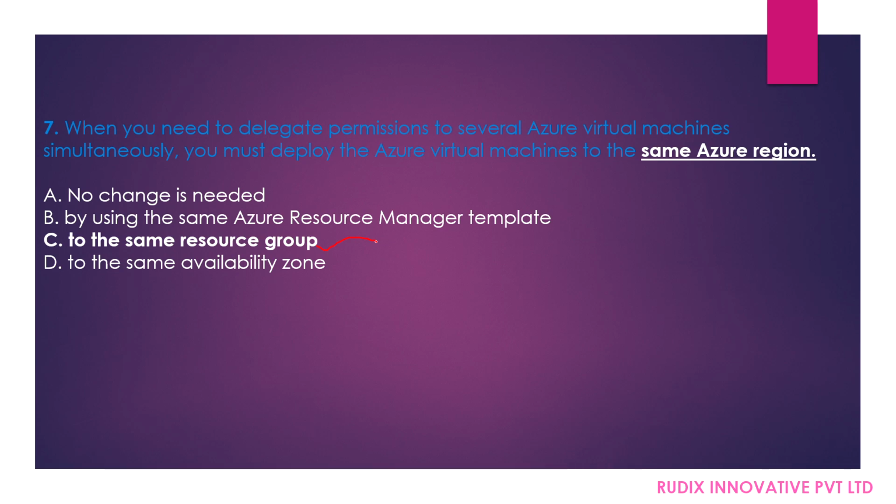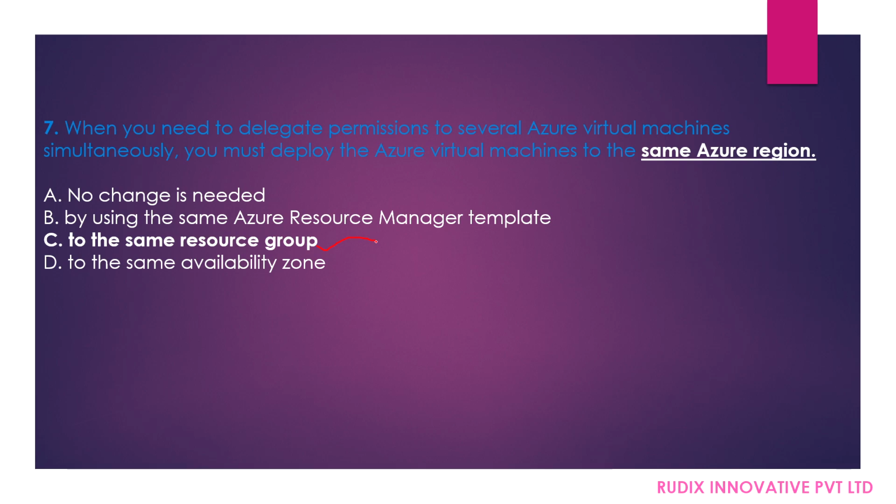Coming to options A and D, no change is needed, and option D, same availability zone. These do not directly address the requirement of delegating permissions to multiple Azure virtual machines simultaneously.